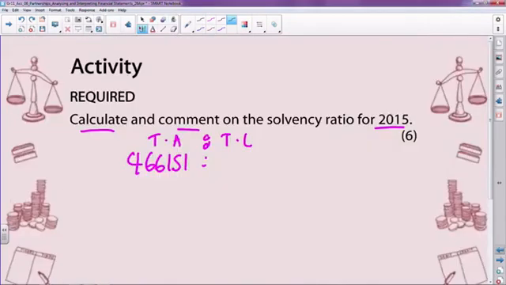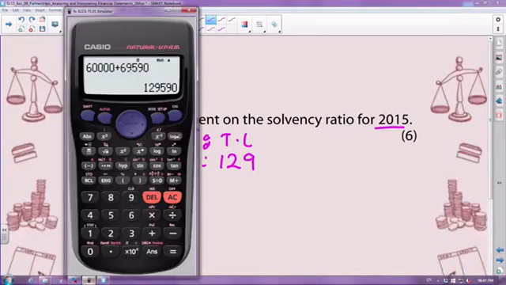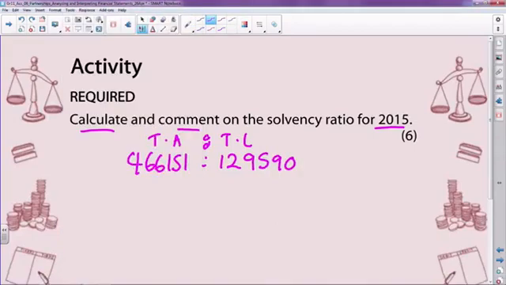So let's take that through. Okay, so it was an amount of 129,590. Right, now that we've got our total assets and our total liabilities, let's now calculate the ratio. So again, right hand side, divide that by 129,590. Do the exact same thing on the left hand side, divide by 129,590.